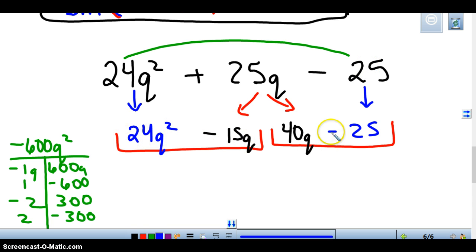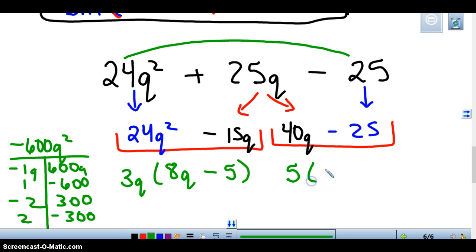Now we have to factor out these two groups. What is the greatest common factor of 24q squared and 15q? 3q, and we're left with 8q minus 5. What is the greatest common factor of 40q and -25? 5, and we're left with 8q minus 5.